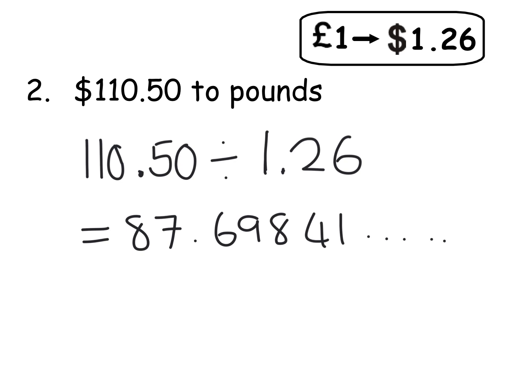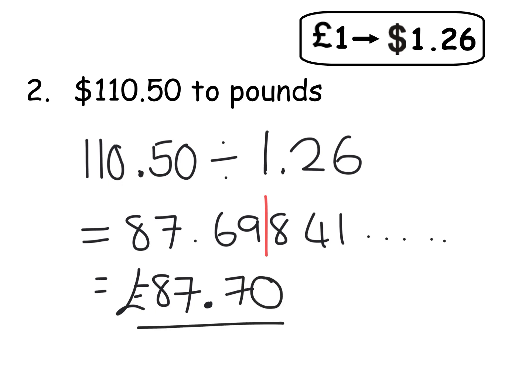So to 2 decimal places, you can see why this is a bit of a meatier lesson because there's more to it. That would be £87. Now it's 69 pence at the minute, but that 8 is going to make that go up to 70 pence. So $110.50 is worth £87.70.